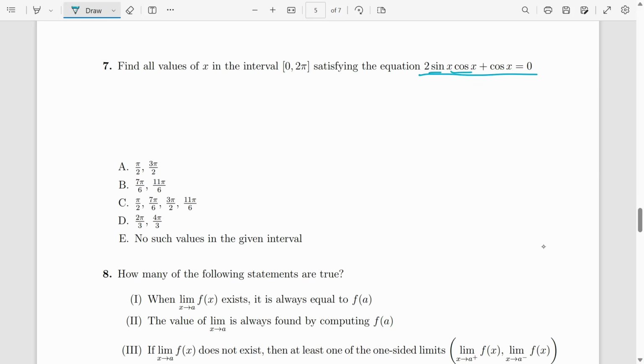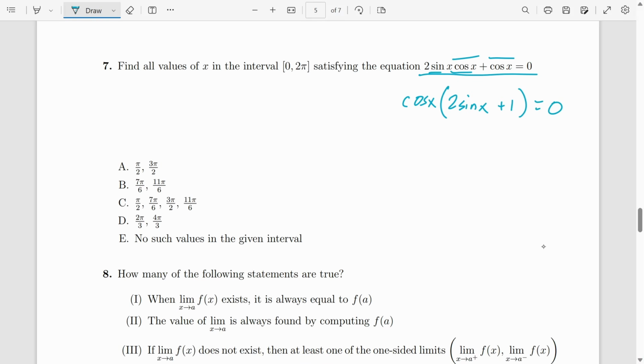Now to actually solve this thing, what values of x satisfy it? I think the first thing we could do is see that both of these terms have a cosine in it. So we could probably just factor out the cosine, bring it out front, and we'll have that instead. So we now have cosine x times (2 sine x plus 1) equals 0.